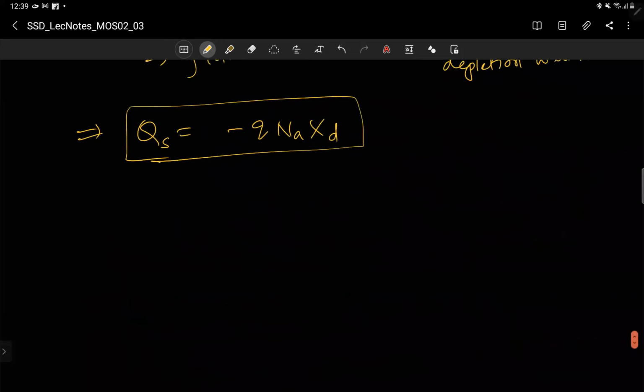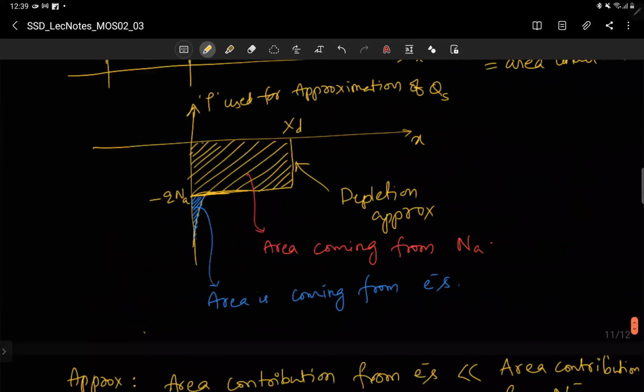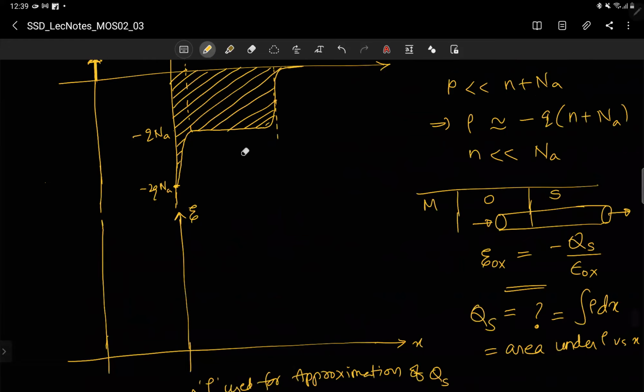Let us find the electric field from rho. The electric field will be like this. When rho is constant, the electric field comes from dE/dx equal to rho by epsilon. So from here, the electric field starts. It is a negative charge, so it falls. For most of the region, rho is flat, so the slope should be constant.